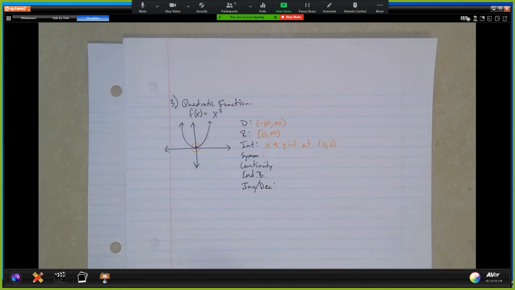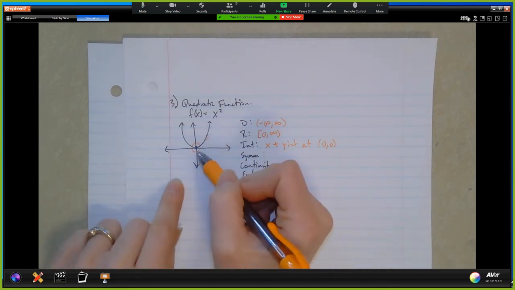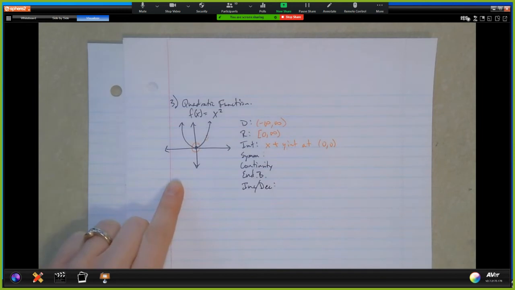If you flipped this graph across, this is not a perfect graph, but if you flipped the graph across the y-axis, would it get the same graph? Or if you rotated 180 degrees around the origin, would it get the same graph?